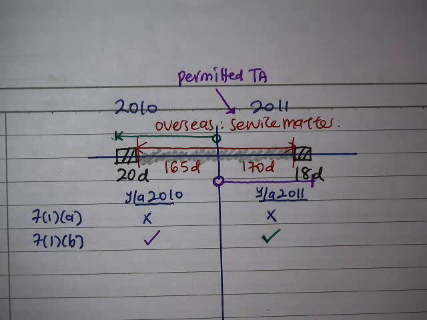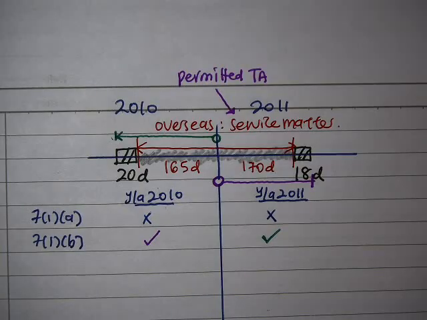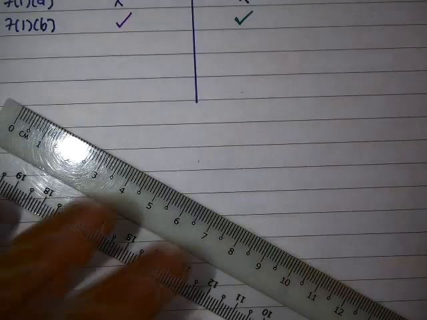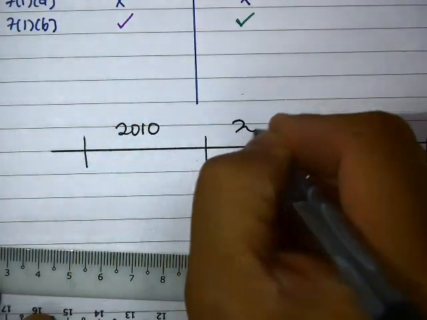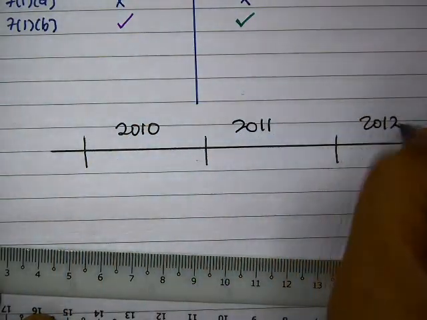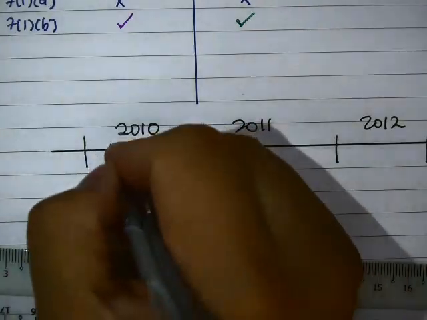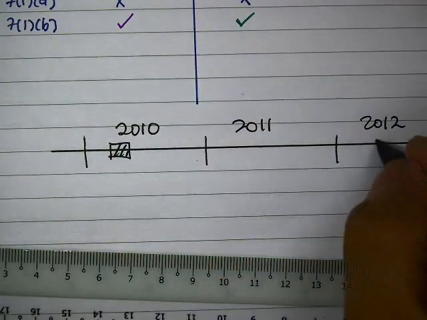So now the issue is, what if your temporary absence spans over 3 years? Now that is what the law says, that you must be in the country immediately before and after that absence. So if you have a 3-year period, let's assume that we have something like this: 10, 11, 12, and you're in the country here.